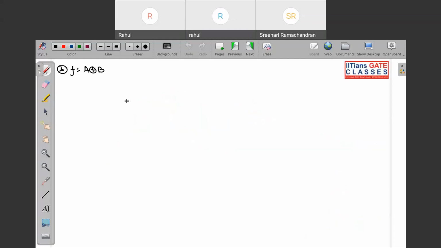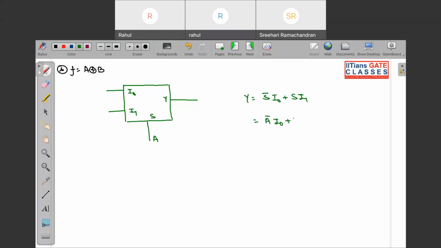A XOR B. So for this, what will be the input combination over here?